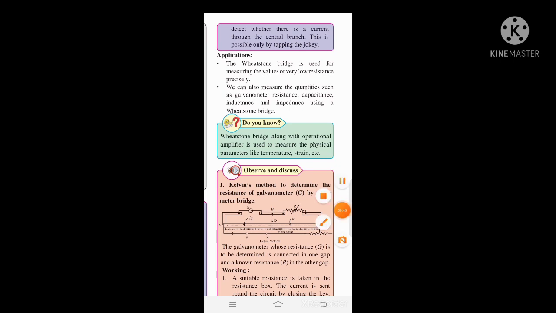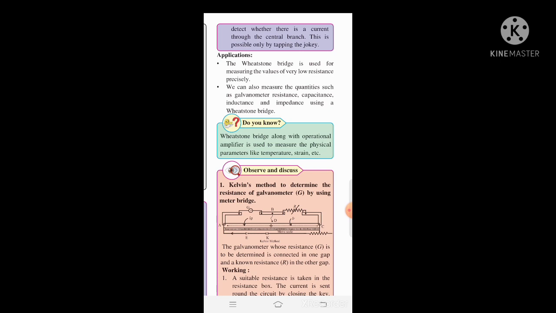Students, after seeing Wheatstone's meter bridge, we see Kelvin's method, which is designed by scientist Kelvin to determine the resistance of a galvanometer using a meter bridge.